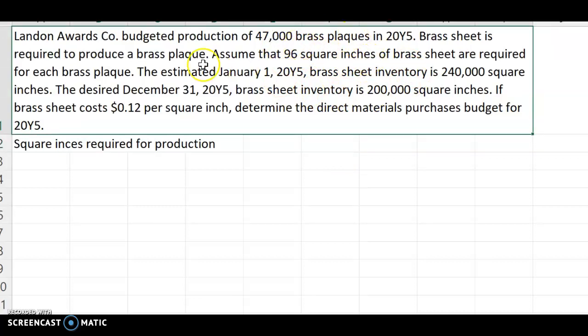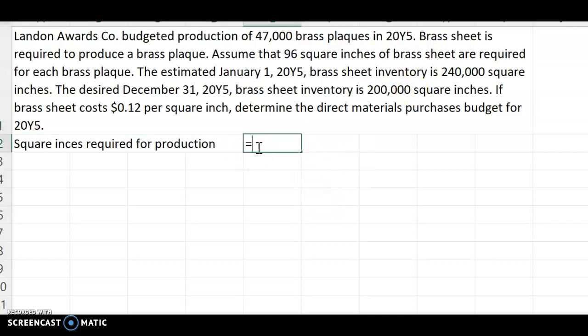It says we need 96 square inches of brass sheet per brass plaque. And per just means to multiply. So I'm just going to say the 47,000 times the 96 square inches that I need for each plaque.